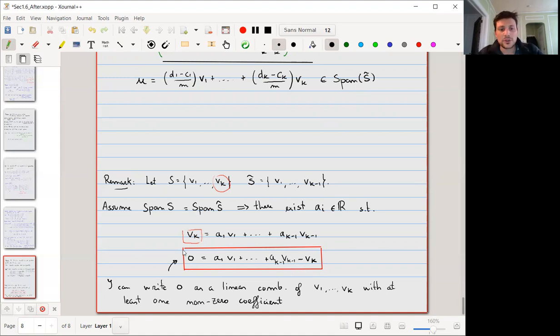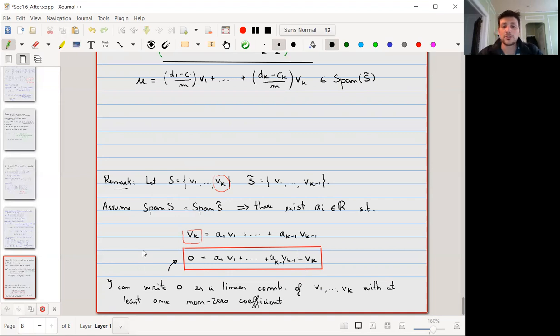We can write the vector 0 as a linear combination of v1 through vk, but we know for certain that one of the coefficients of this linear combination is non-zero, namely the coefficient of vk, which is minus 1.